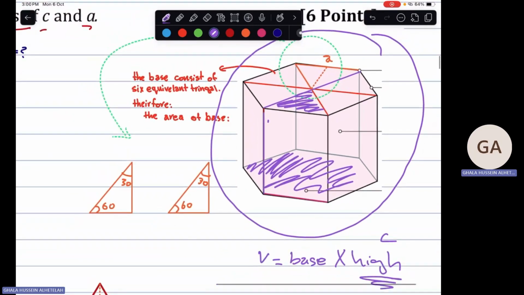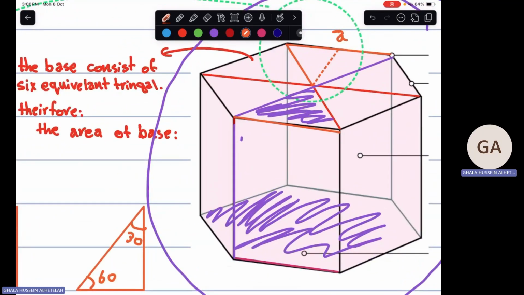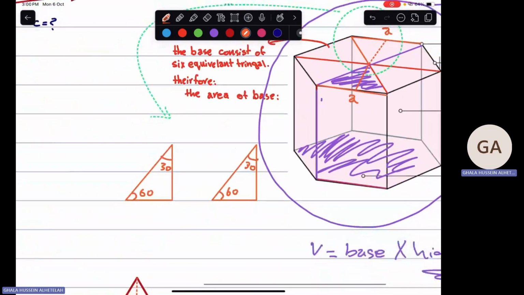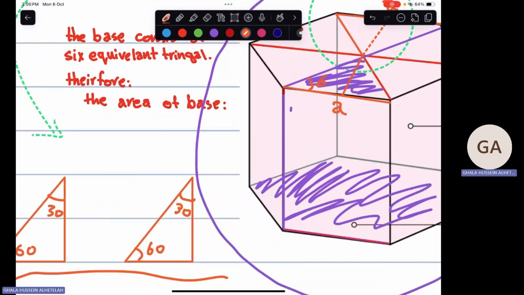Okay. How can we find the dimensions of the triangle? We know that this side is A. But do we know the height of this triangle? No. How can we do it? We can do it by using this relationship. We know that this angle is 60 and this angle is 30.